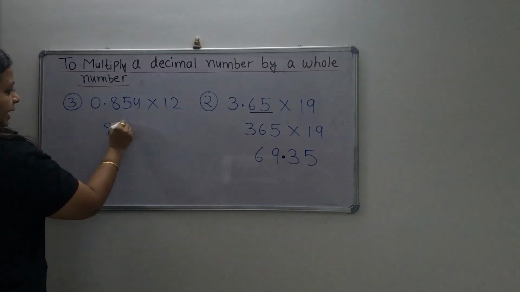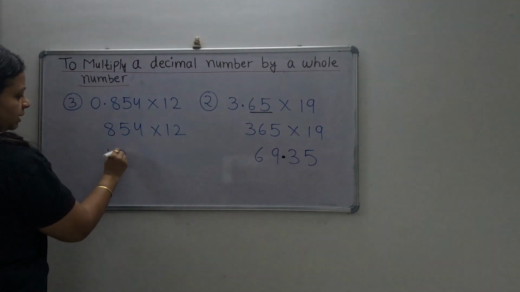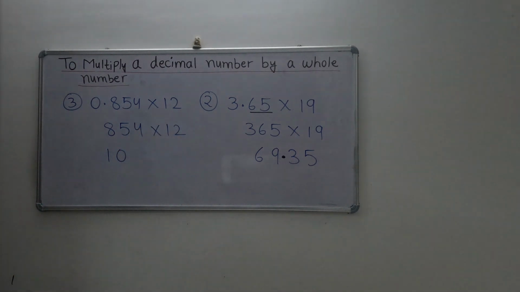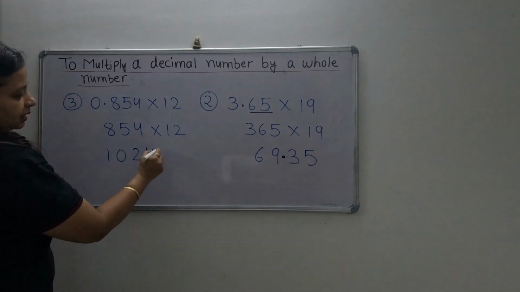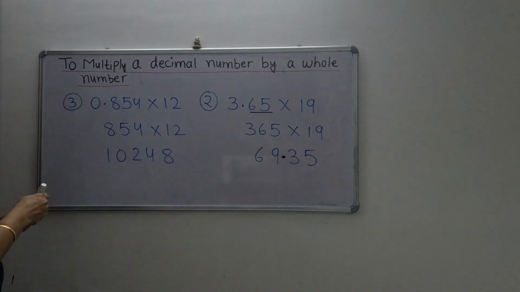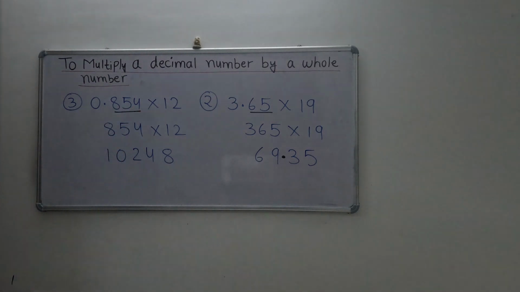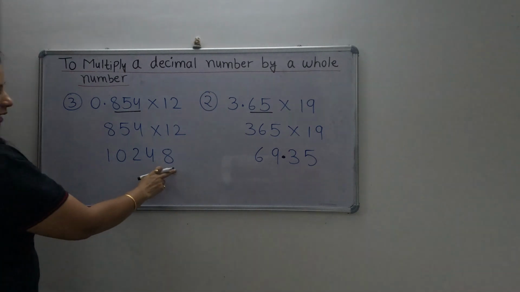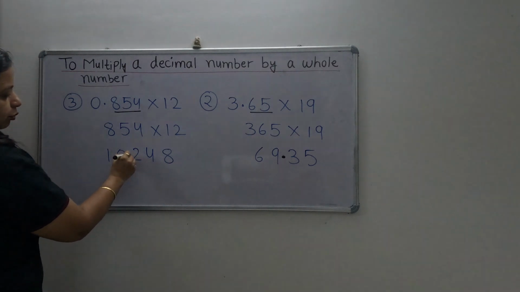When you multiply it normally, you will get 10,248. Now you will check how many decimal places we have. We have 3 decimal places, right? So start at the right of the product and count 1, 2, 3. Now put the point.